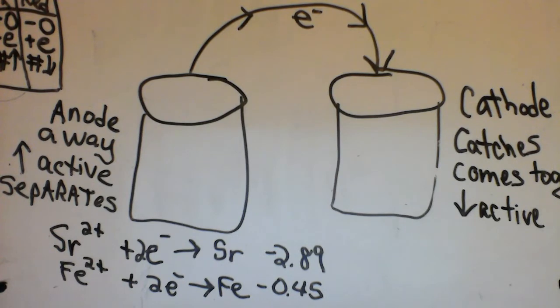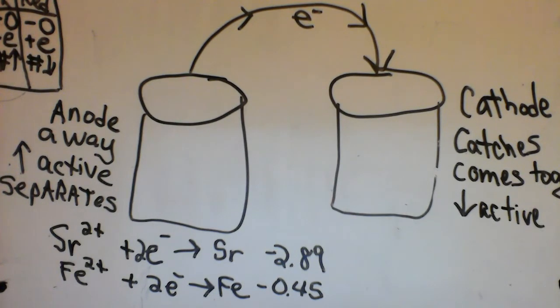Whichever one is more positive is the one that has more potential to be reduced, hence the name reduction potential. So the one that's more positive, or if it is a positive number, the higher the positive number, the greater the probability that that will be reduced. If we look here, we see the one that's reduced is the one that has electrons added to it.